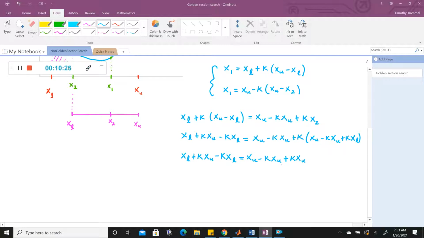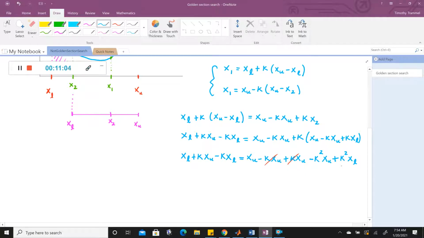So those will actually cancel. Maybe I'll just note that right now. That's kind of nice. And then we'll have minus k squared x upper, and then plus k squared x lower. All right, and that looks good. And the question is, does anything else cancel? The answer to that looks like a no.